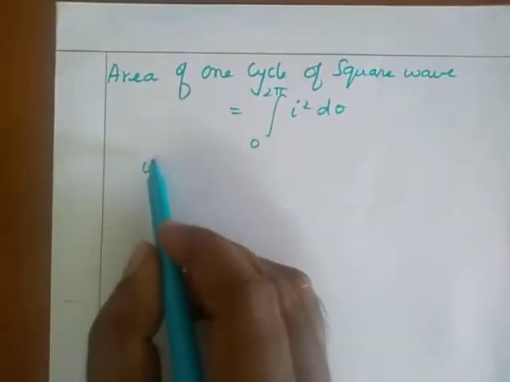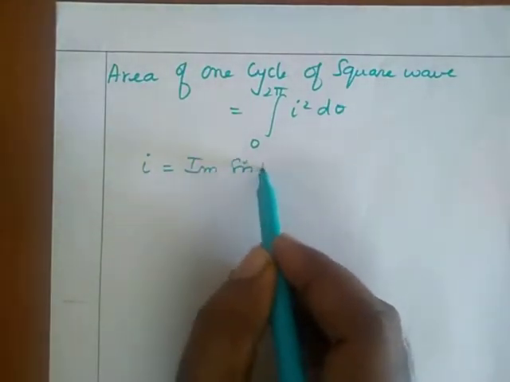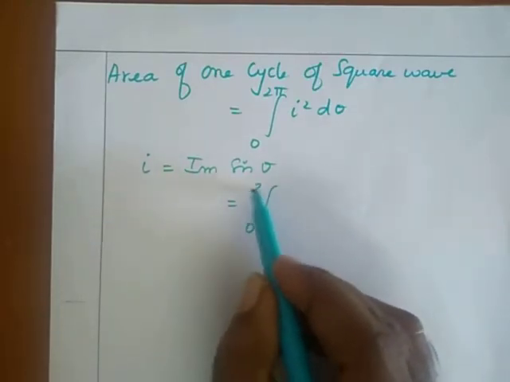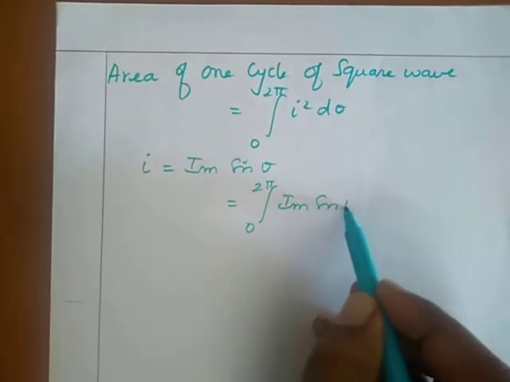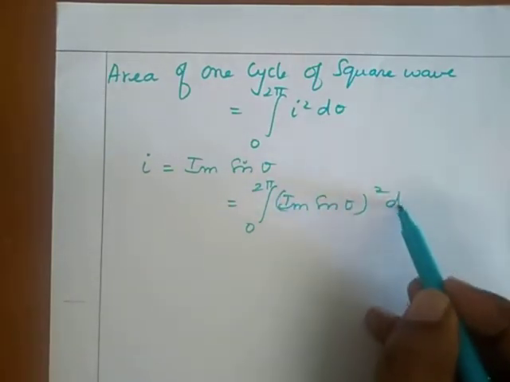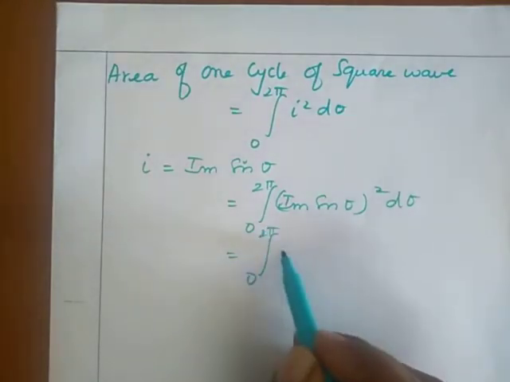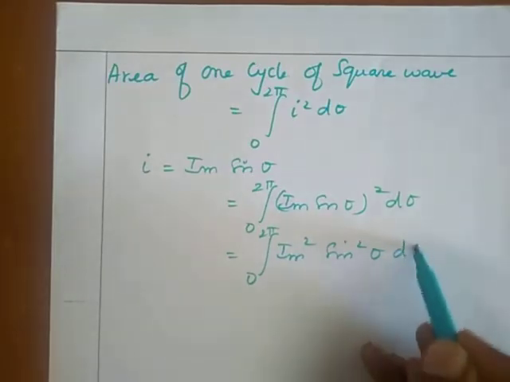We know the value of I is Im sin theta. Applying this expression, it becomes the integral from 0 to 2 pi of Im sin theta whole square d theta. Then squaring this we get the integral from 0 to 2 pi of Im square sin square theta d theta.